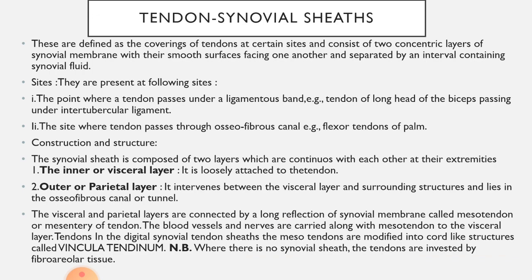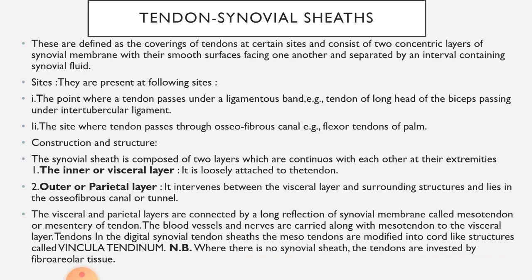Tendon synovial sheaths. These are defined as the coverings of tendons at certain sites and consist of two concentric layers of the synovial membrane. We have discussed the synovial sheath previously, and we have seen its structure and its various layers as well.